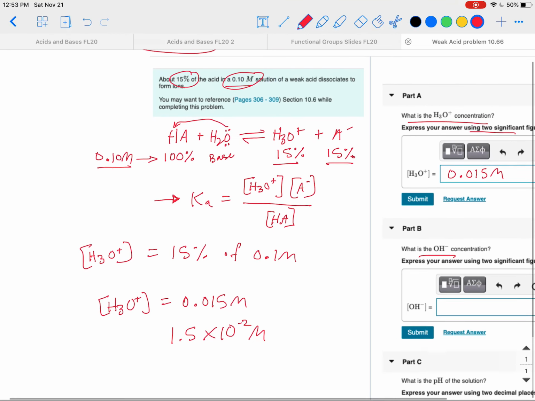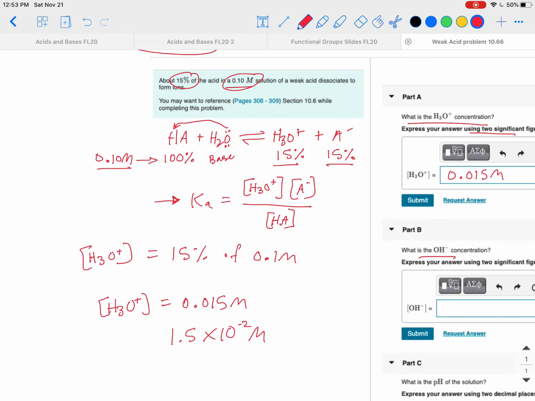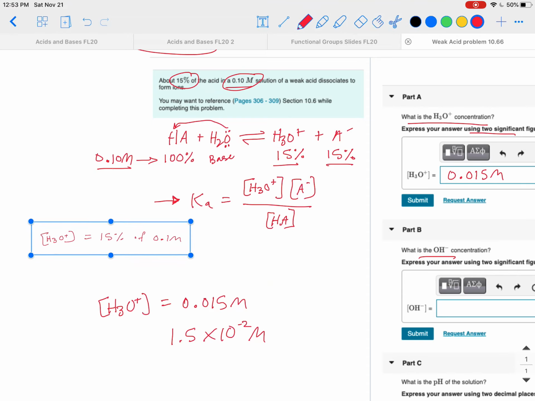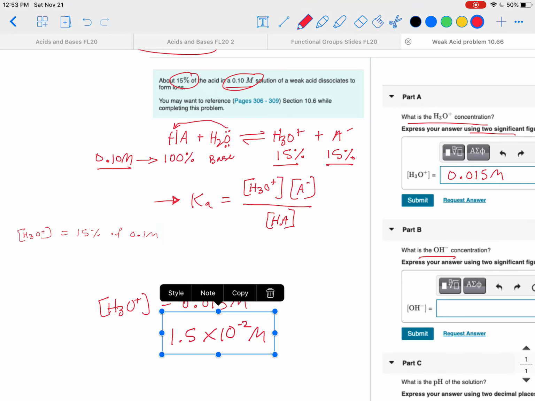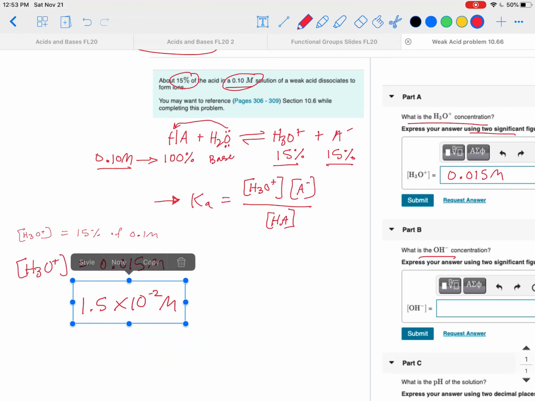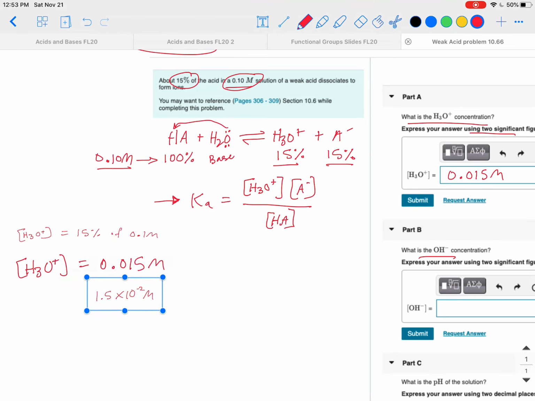Then what is the OH minus concentration? How do we find that? Remember, we're going to use Kw. So Kw equals the concentration of H3O plus, or just H plus, times the concentration of OH minus.